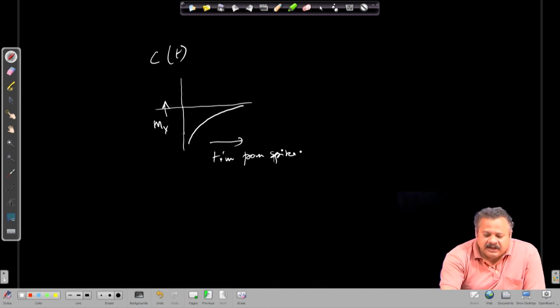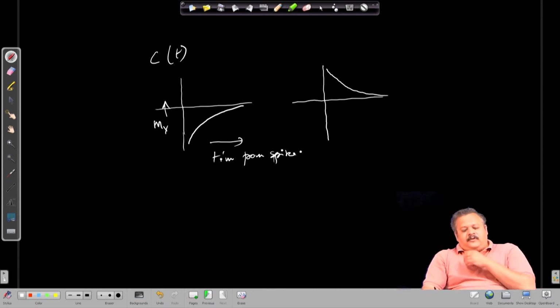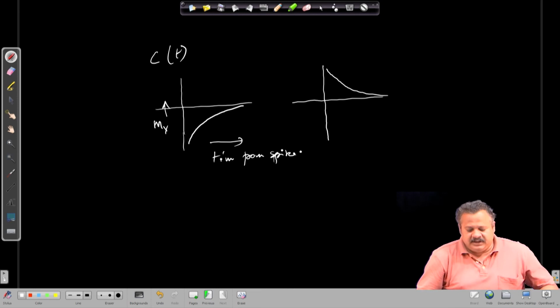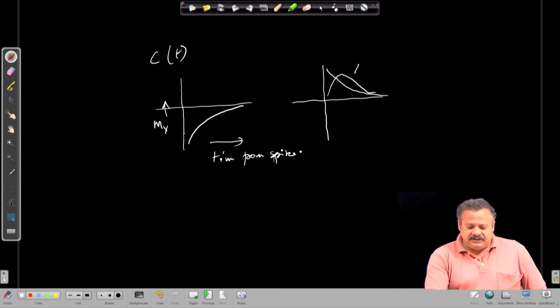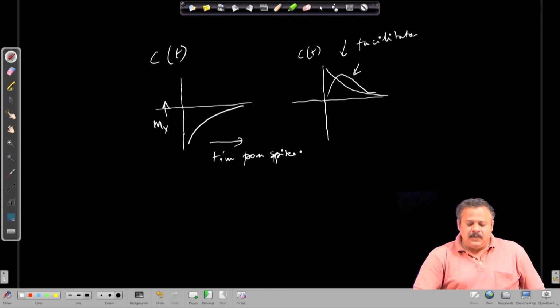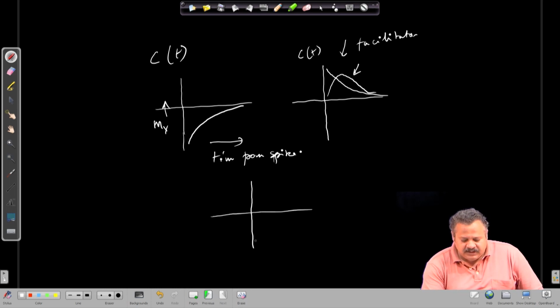In the case of facilitation, it can be of this nature, that is, if you go further out, you get lower and lower facilitation, or you can think of it in this nature also, which is more realistic for a CT that is facilitatory. And we can have a mixture that is usually represented by this kind of a function.